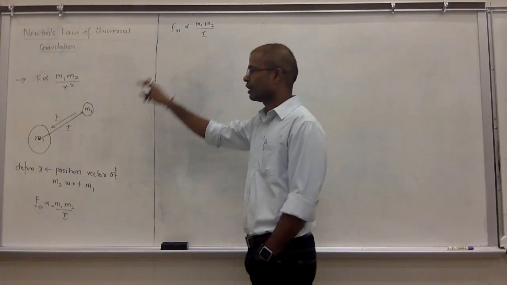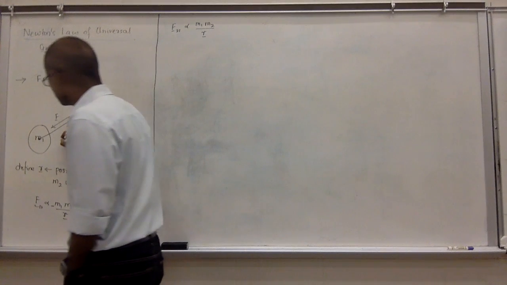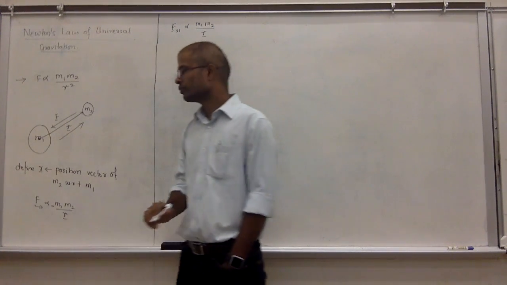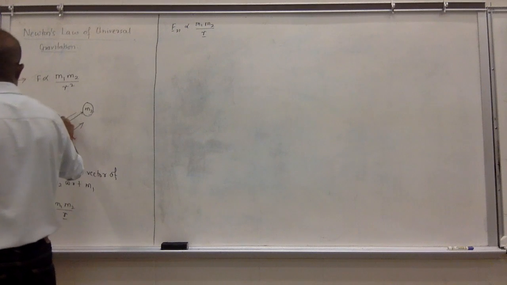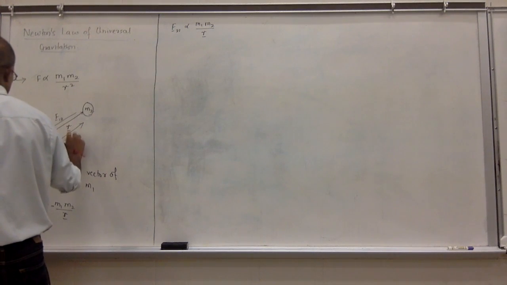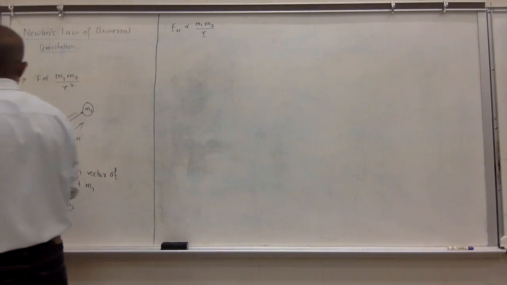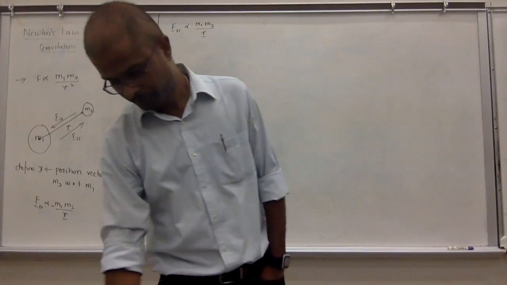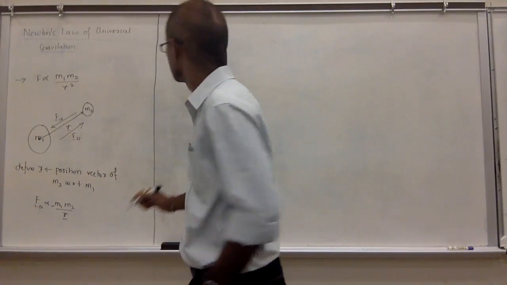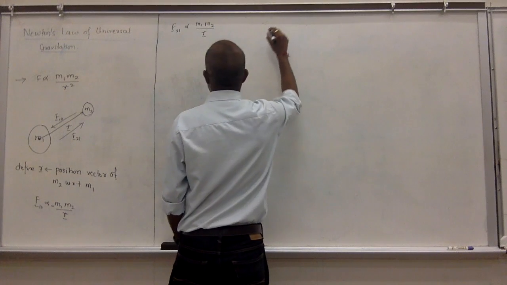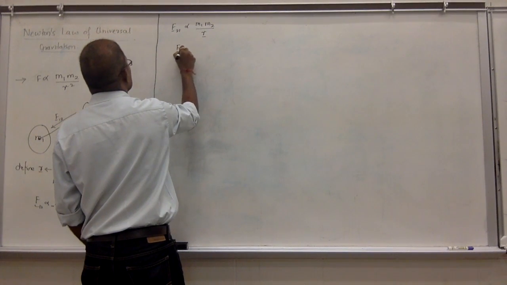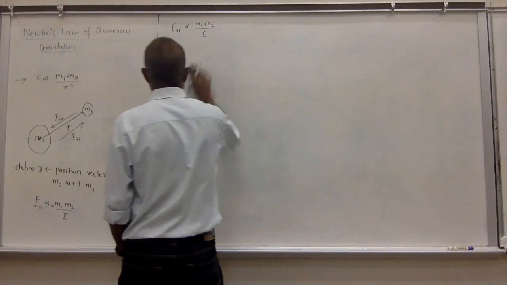F21 is the force of attraction on M2, this is F12 and this is F. Now if you want to complete this, you introduce something.